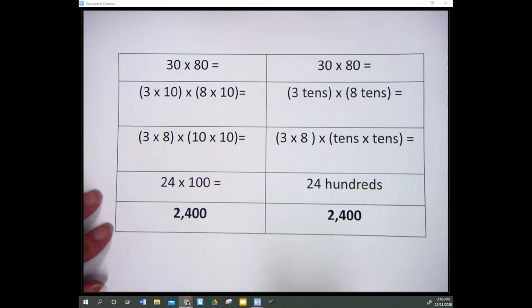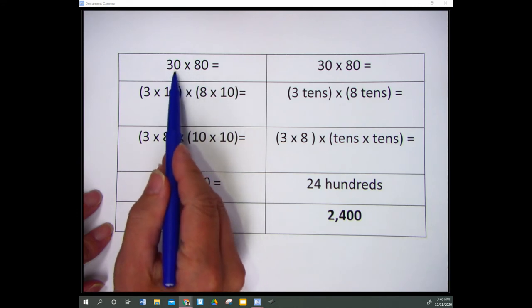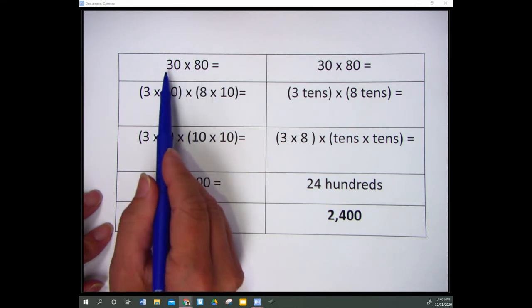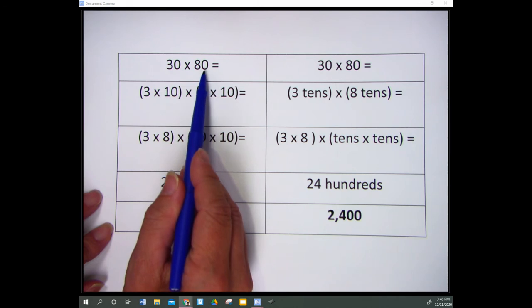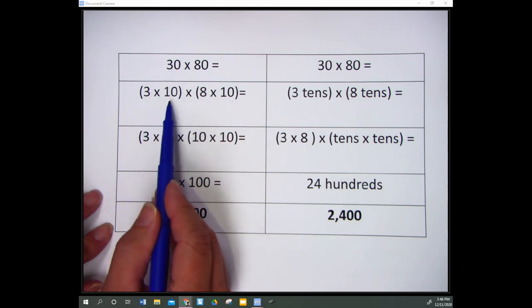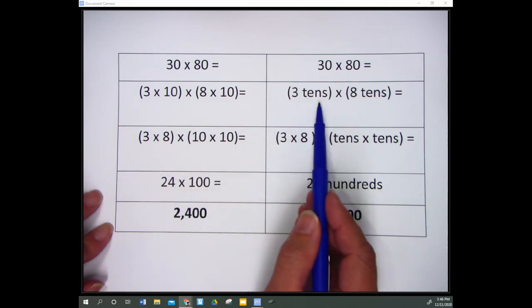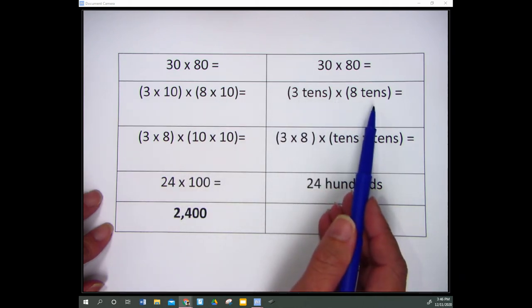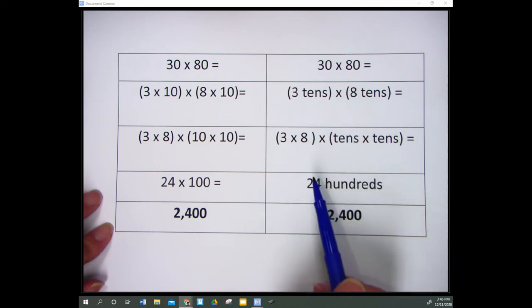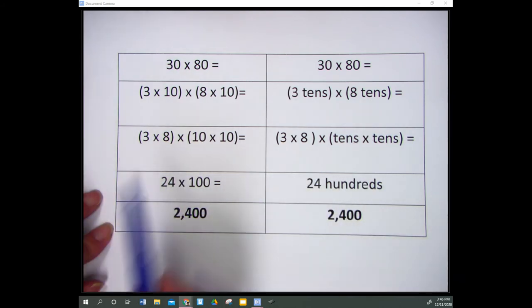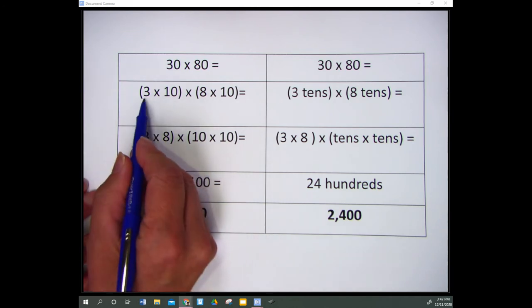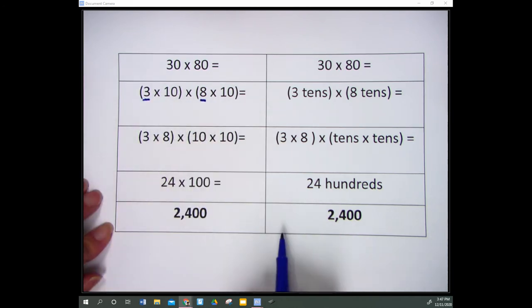Here is another problem, and it's just showing you in words and numbers what we've been talking about. This time, though, we have a 2-digit times a 2-digit number, and we're really pulling apart those factors, the 30 and the 80. The 30 is a 3 times 10, and the 80 is an 8 times 10. In other words, we've got 3 10s times 8 10s. Now, here's where that associative property comes in. I'm going to group these differently. I bet you already can see I'm going to group my basic multiplication facts together.